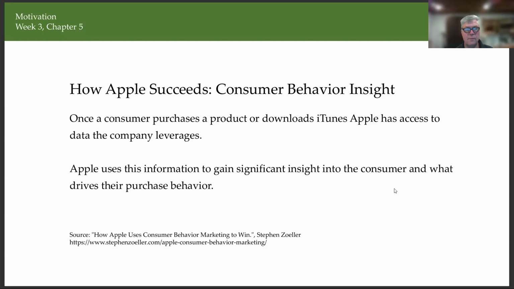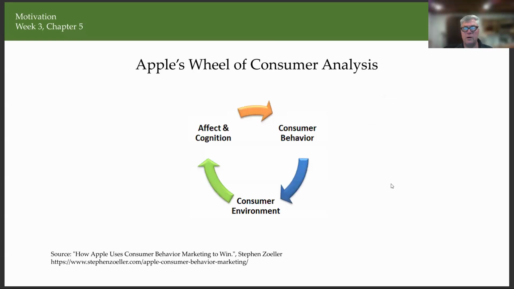Apple's wheel of consumer analysis: affect and cognition, consumer behavior, consumer environment. Affect and cognition is where they develop the messages and what is going to be sent out and absorbed into the consumer's mind. How does that impact the behavior? And then they get the consumer into an environment where they can really put the pressure on to buy.